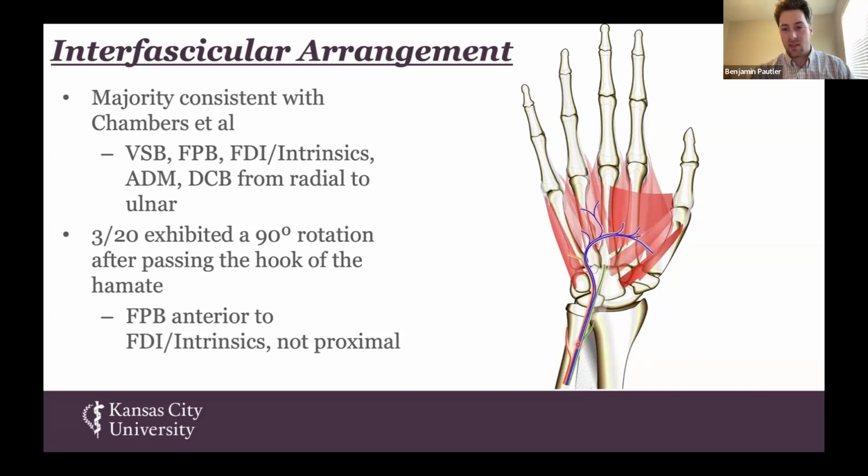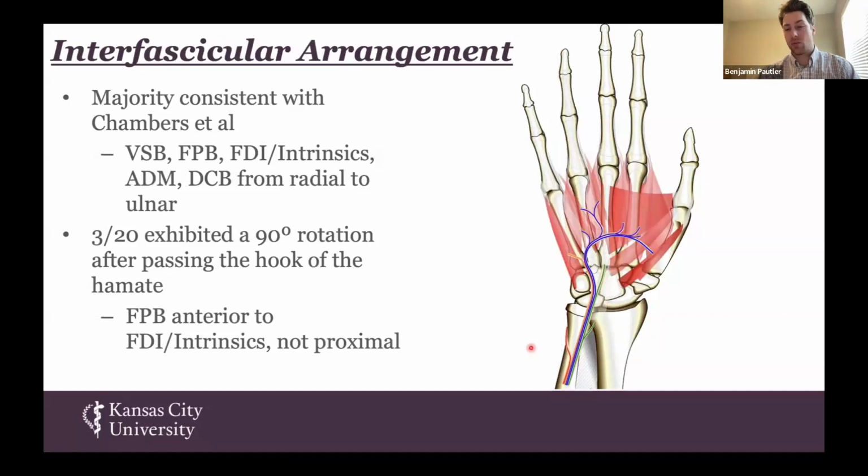Then we have in purple, the first dorsal interosseous / intrinsic branch, which you can see going to all of the interossei, the lumbricals, and finally over to the adductor pollicis. The abductor digiti minimi in orange, and the dorsal cutaneous branch in red here, coursing back and around to innervate the dorsal aspect of the hand.